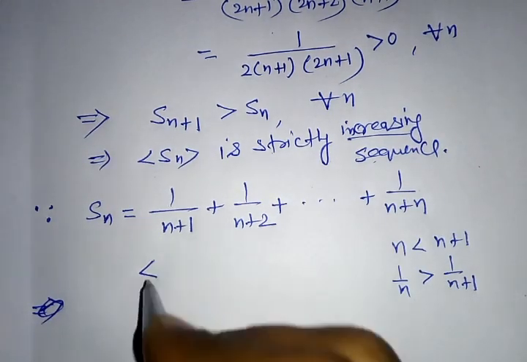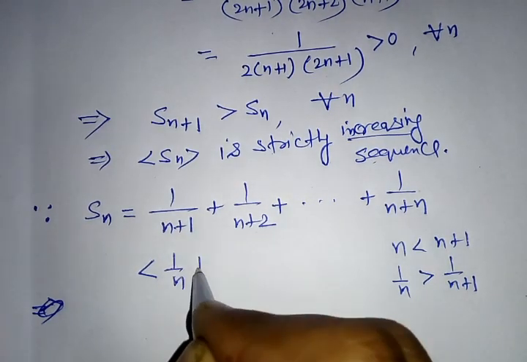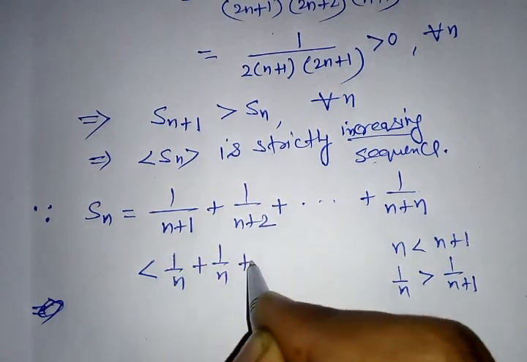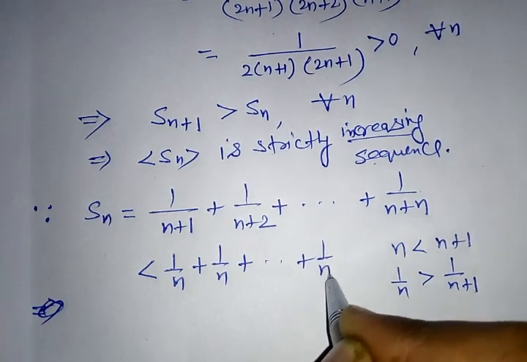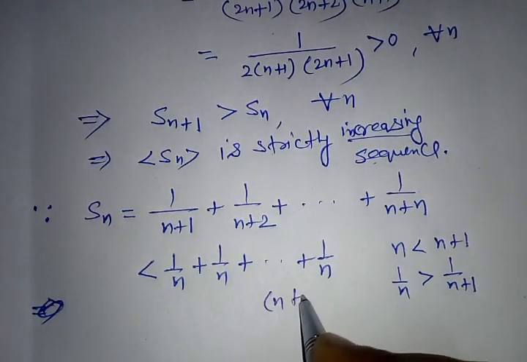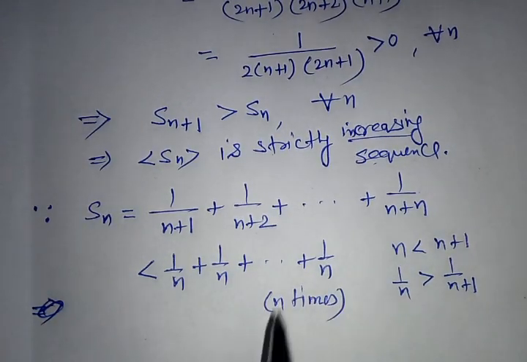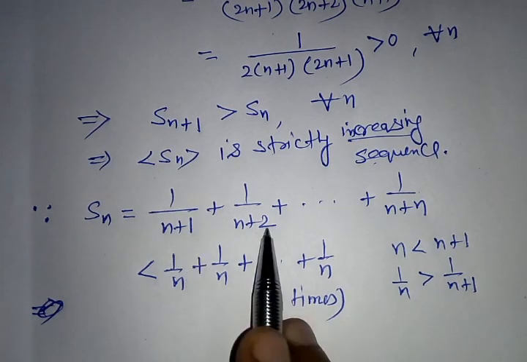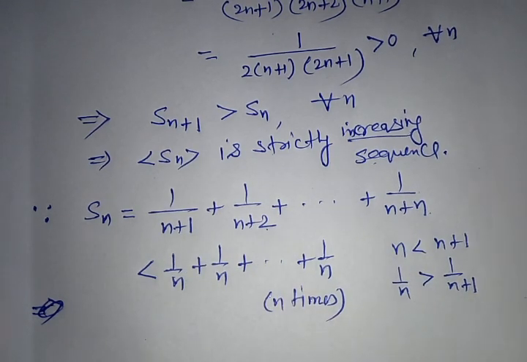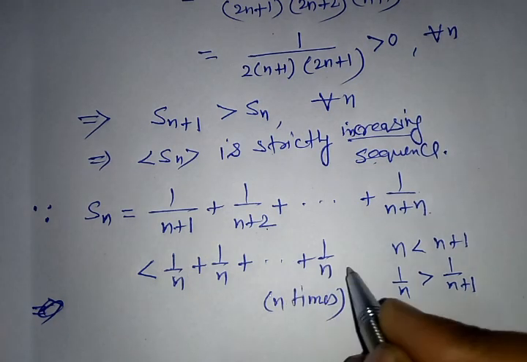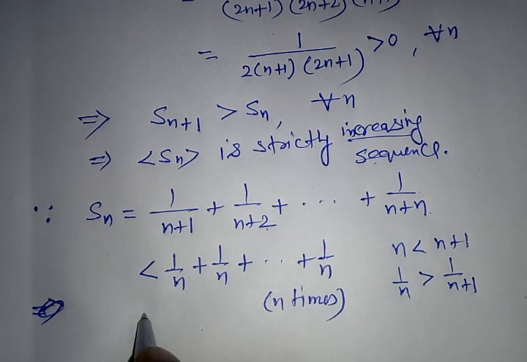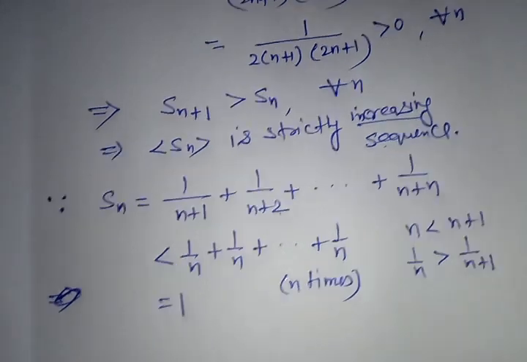So what we can write? This whole term is less than 1 upon n plus 1 upon n plus up to 1 upon n, n times, because there are n terms, 1, 2 to n. And if we add, then what we get? This sum is equal to 1.